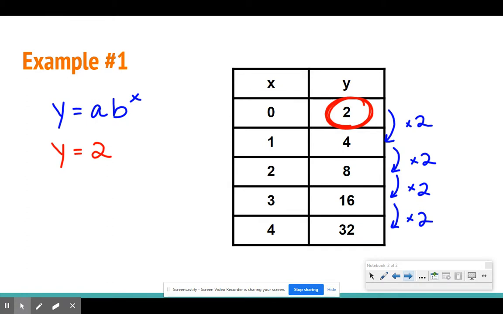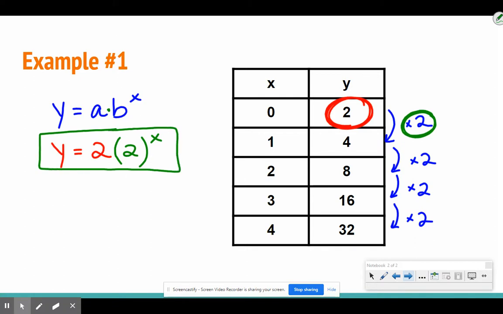Next, b is our growth factor or our decay factor, and that's what we're multiplying by. Notice we are multiplying by 2. So this is technically multiplication in between a and b, so to separate that out, I'm going to use parentheses. And then we have it to the power of x. So this would be the equation for this table.